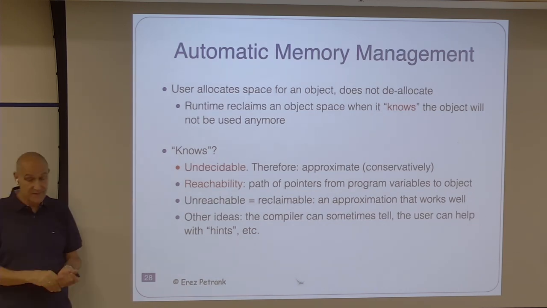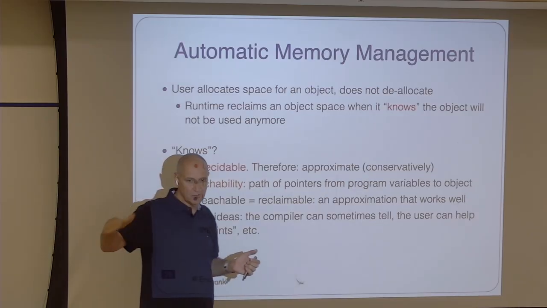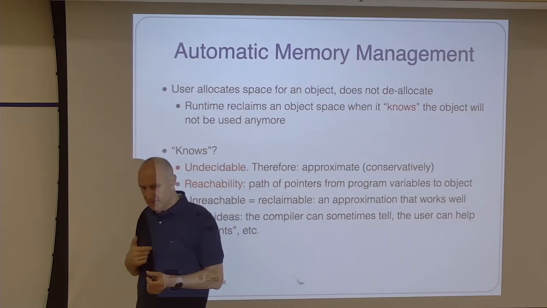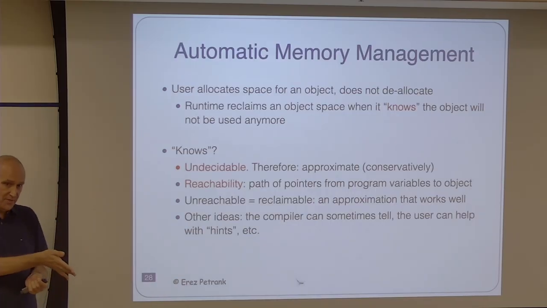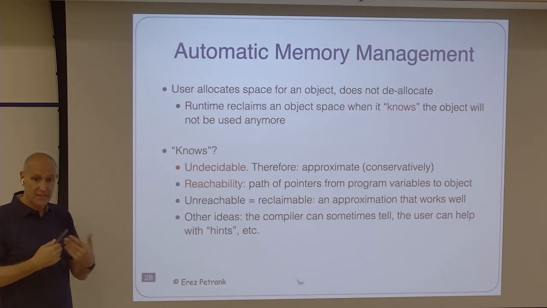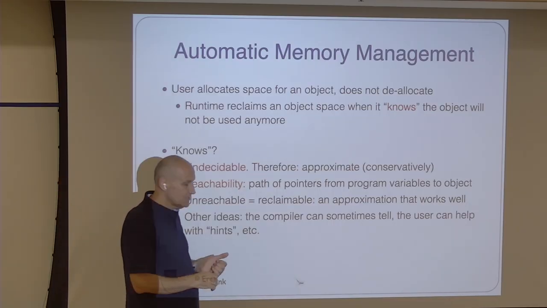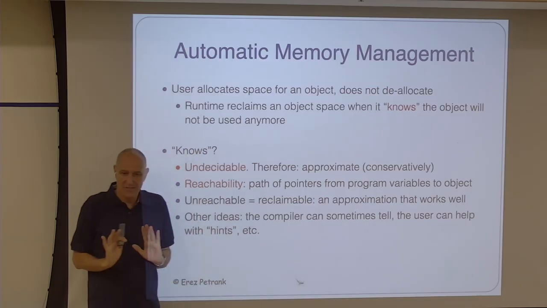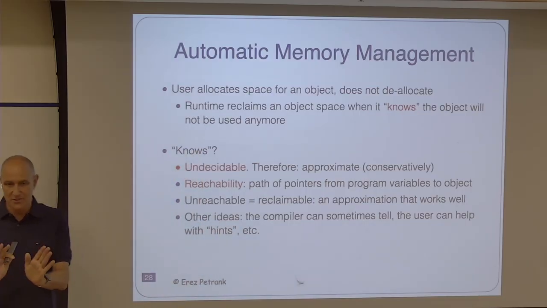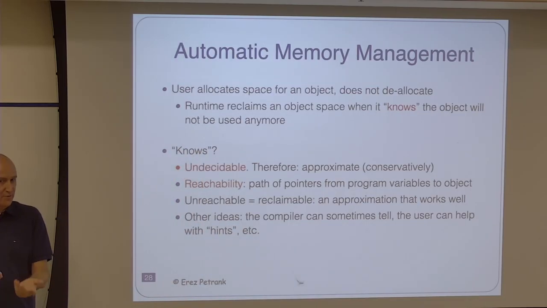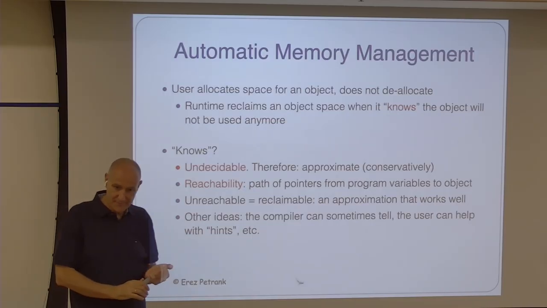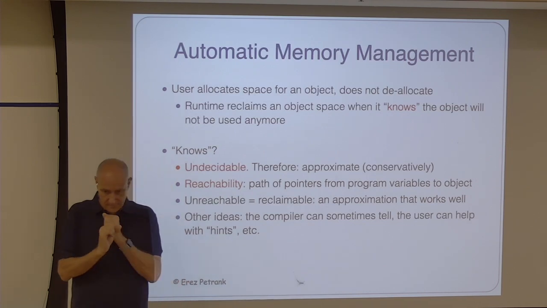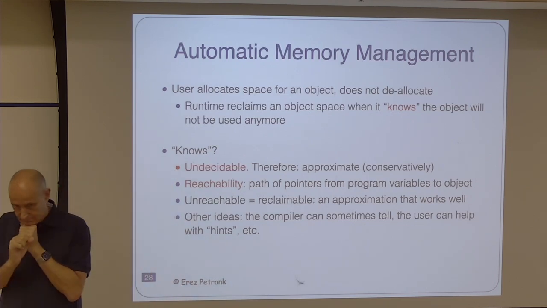But even if 90% of the branches are going to go that way, if you reclaim an object and somebody is going to use it afterwards because of the 10% or even 1%, then you're dead. You made the program crash. So you cannot reclaim an object where there is even the slightest suspicion that this object may be used in the future.